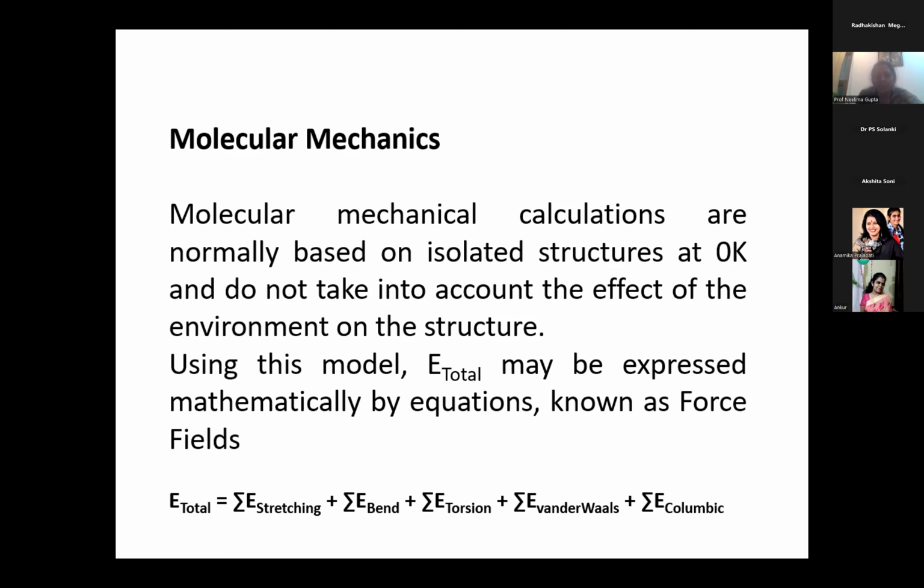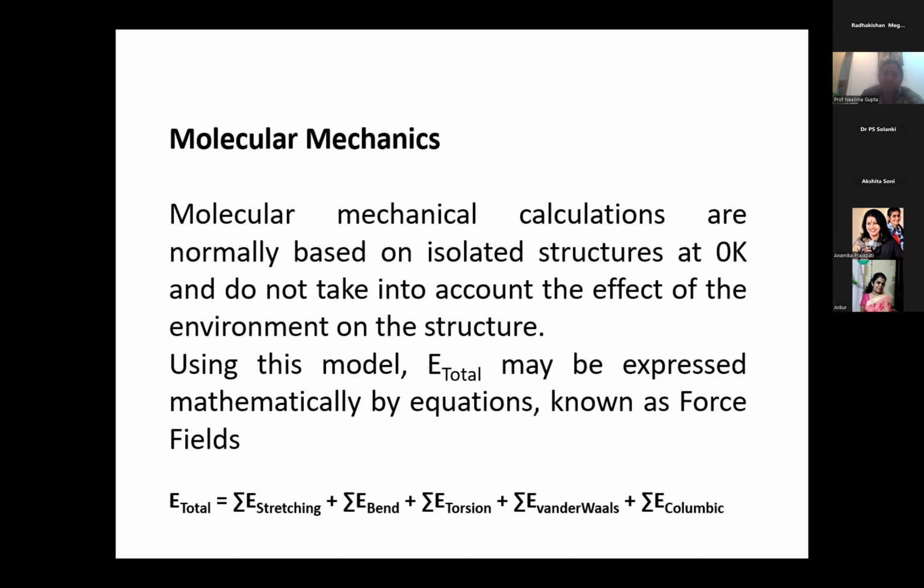Using this model, E total, the total energy, may be expressed mathematically by the equations known as force fields, where E total is the summation of all types of stretching, vibrations, bending, torsion, van der Waals, and Coulombic interactions.